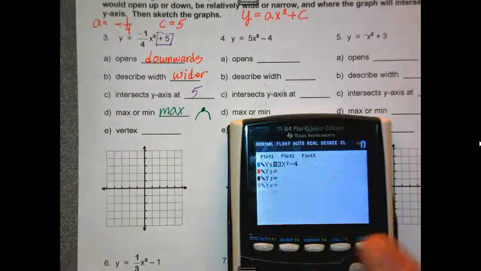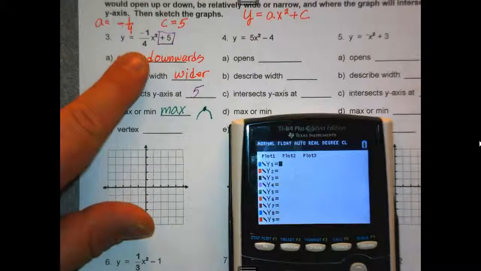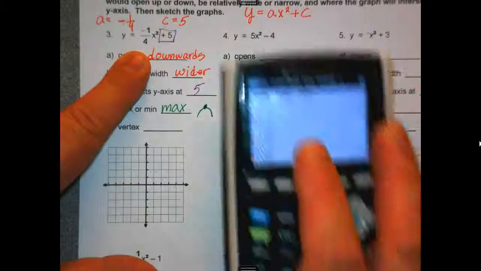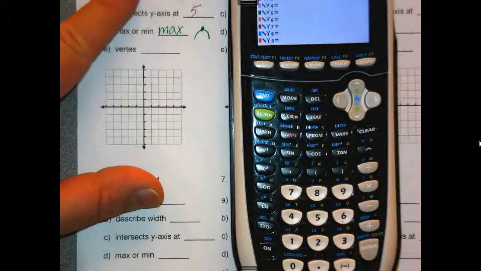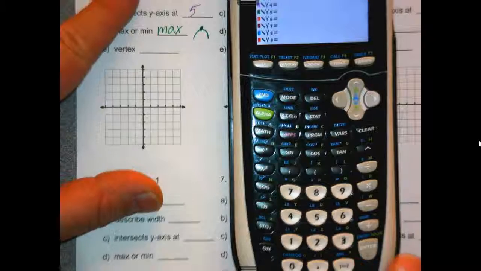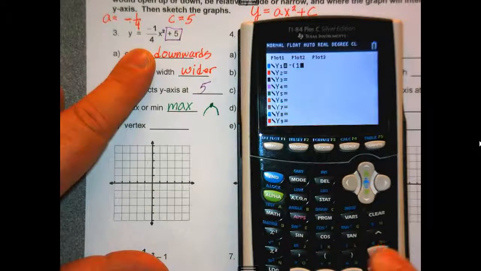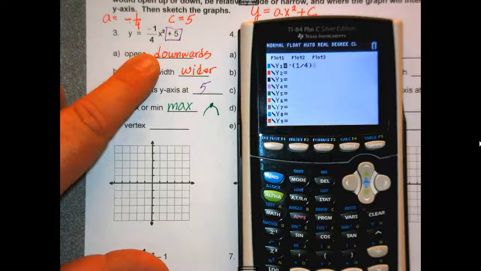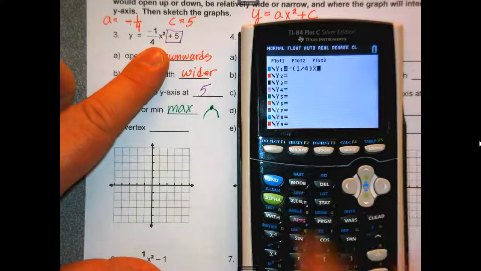So I hit my y equals. Now, please put fractions in parentheses. And remember, negative signs use this minus key down here, in parentheses. So I have negative 1 divided by 4 for my fraction 1/4, x squared, plus 5.